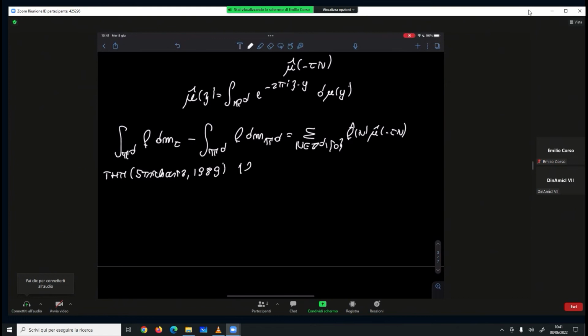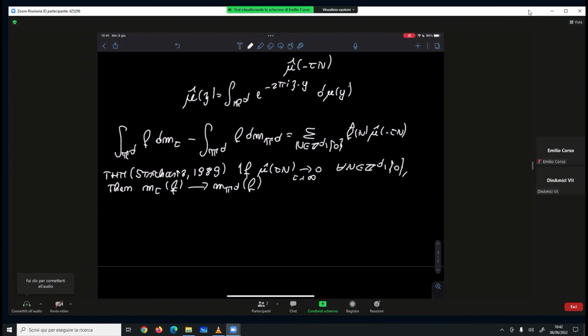If the Fourier transform decays along integral rays, so if mu hat of t n goes to 0 as t goes to infinity, for any non-zero n, then m_t of f, shorthand for the integral of f with respect to m_t, converges to m_{T^d} of f for any f as above, and hence equidistribution holds for the m_t.